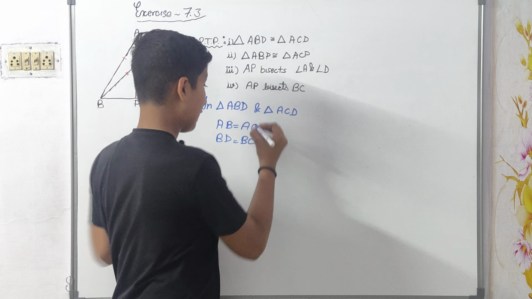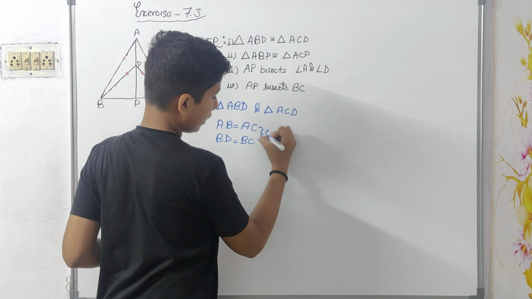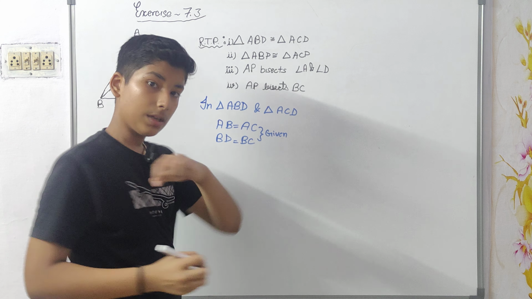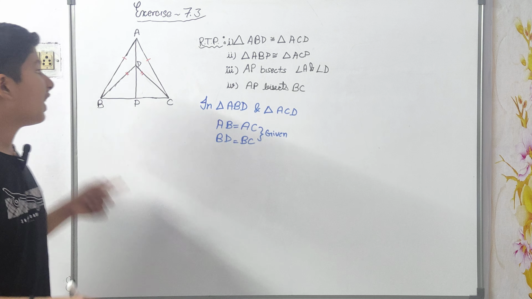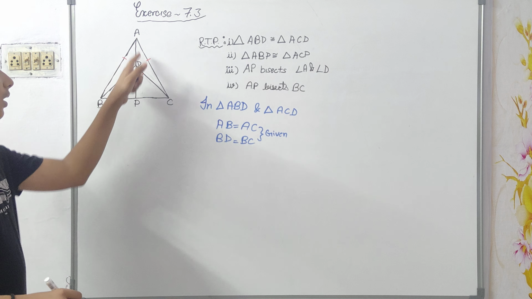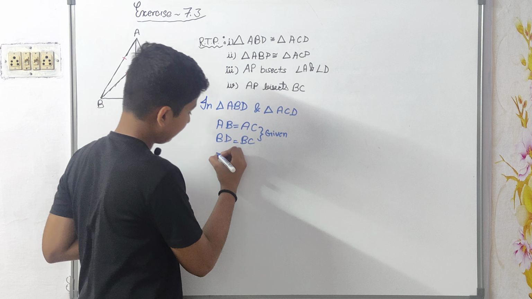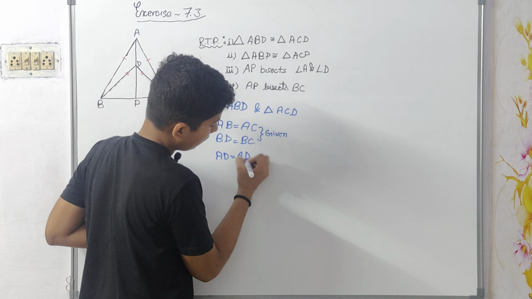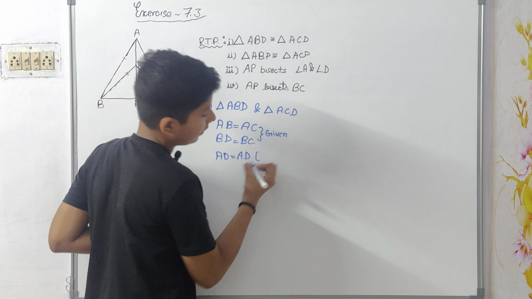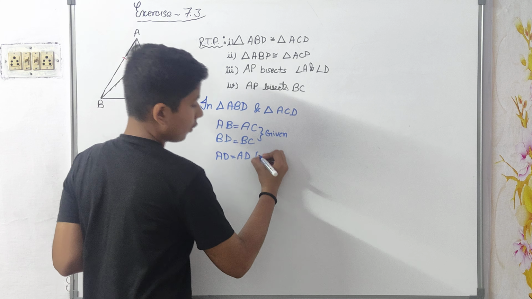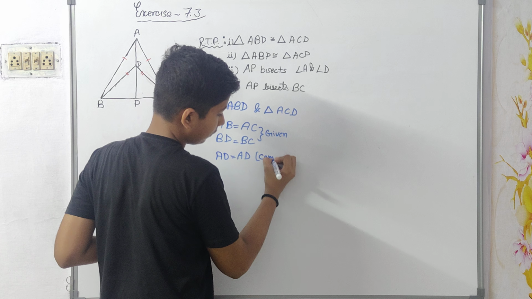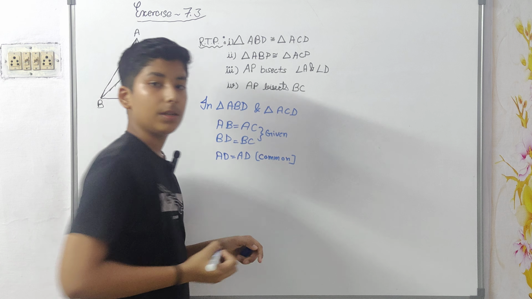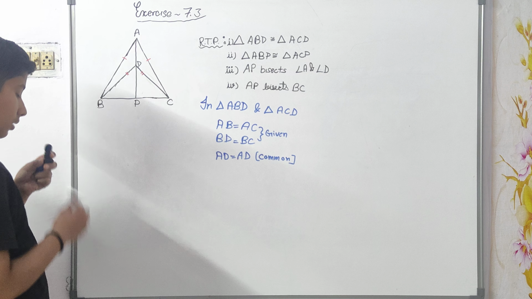And now in here you will write given. So these are given. Now we will see this one. AD equals to AD. And here we will write what? Common side, as it is common in both of the triangles.